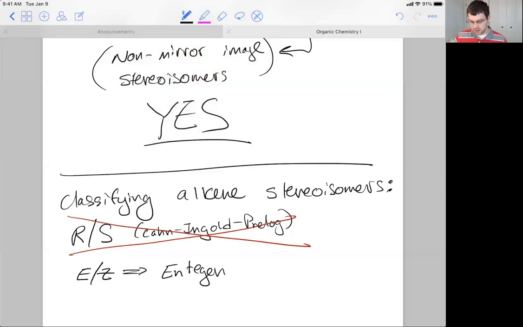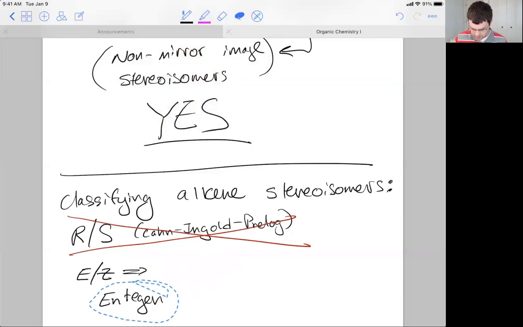But E stands for, and really I should put this down here, E stands for entgegen, or entgegen, I thought. So anyway, I destroyed the pronunciation.